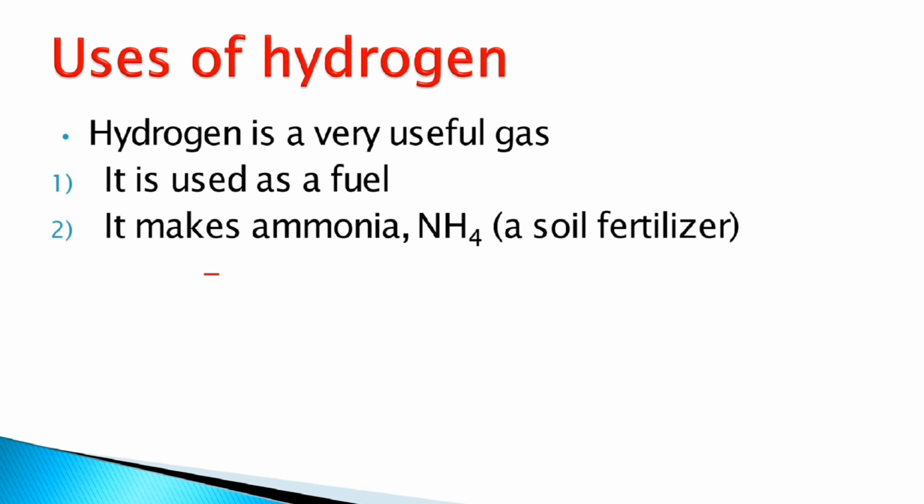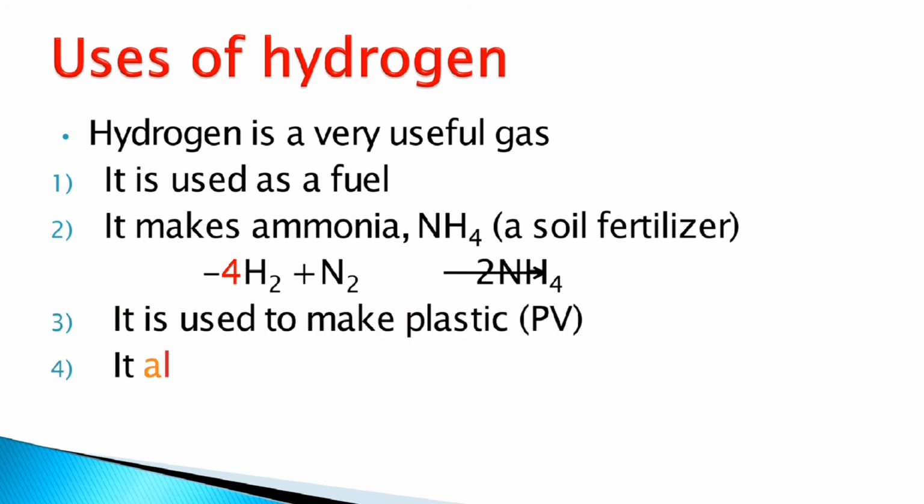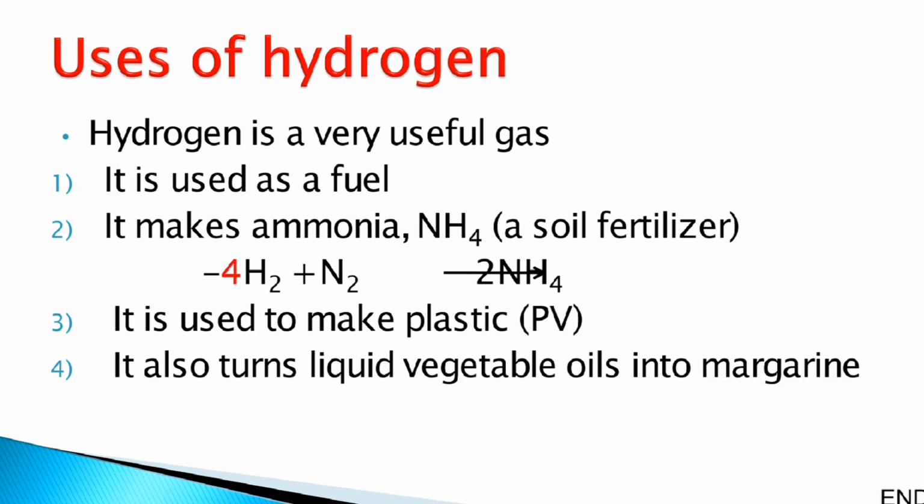And you have already known that ammonia is a natural substance which is found in nature. Ammonia was the first substance which was found in nature and was made in the laboratory. Hydrogen is also used to make plastic, polyvinyl chloride, PVC, and it also turns liquid vegetable oils into margarine.